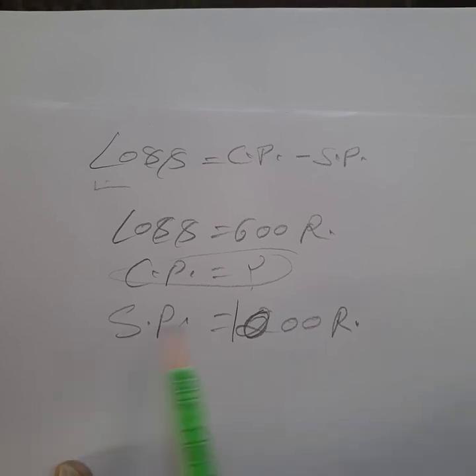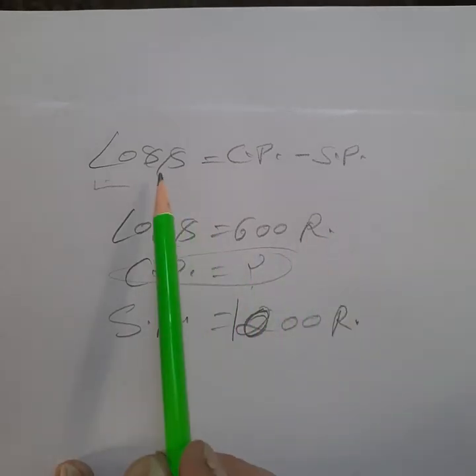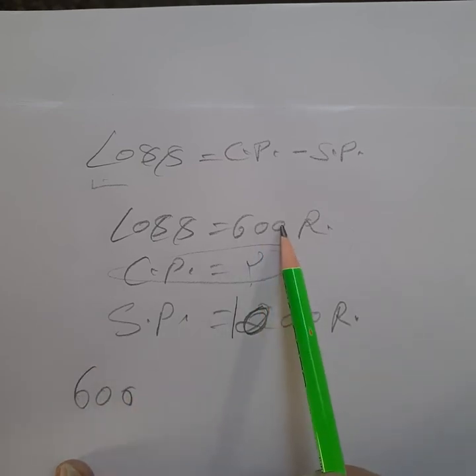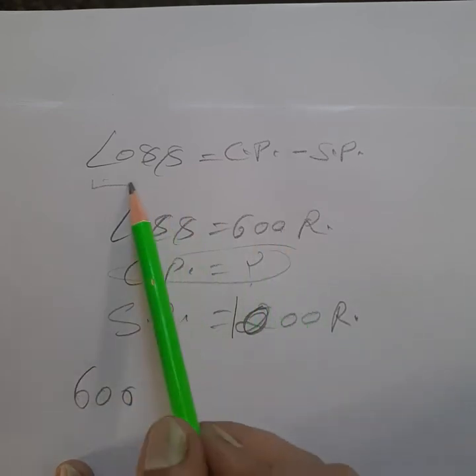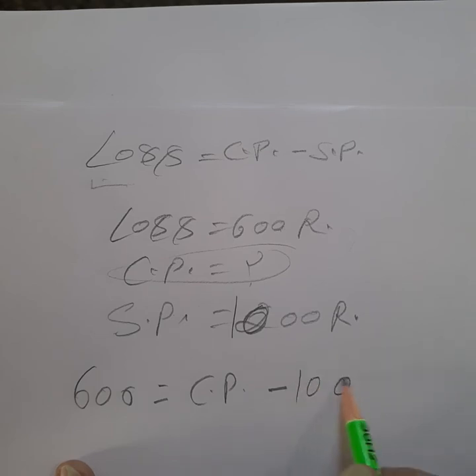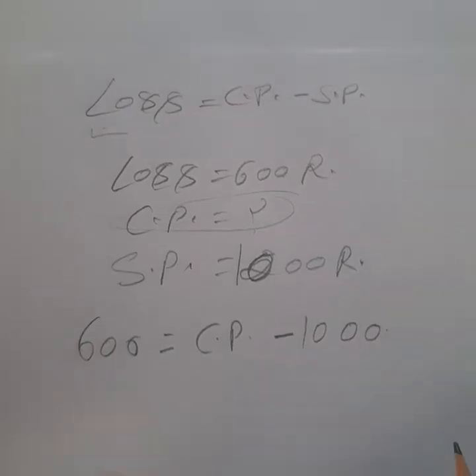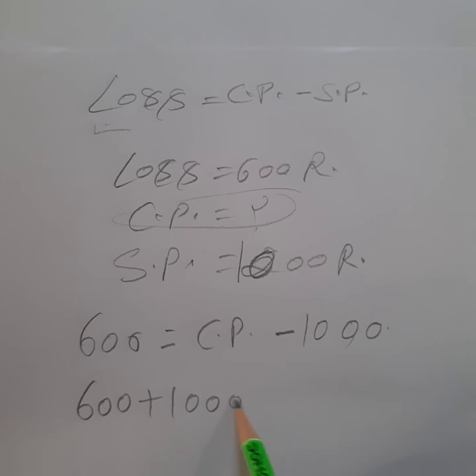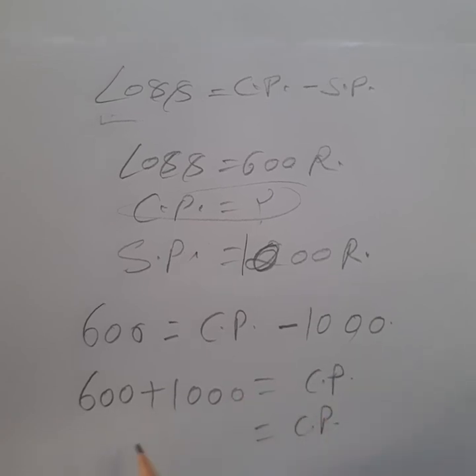For this we put all the three values in our formula. First of all, the loss is 600 rupees, the cost price is not given, and the selling price is 1000 rupees. When you take this digit to the left hand side, you add both these numbers, and in this way you get your cost price 1600.